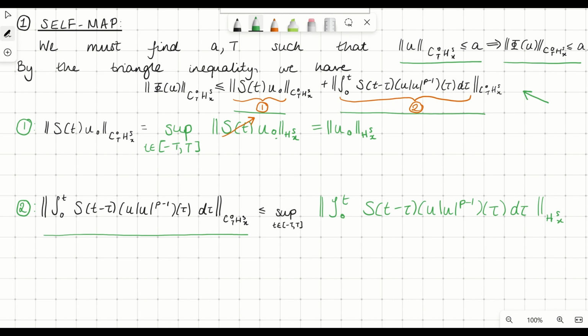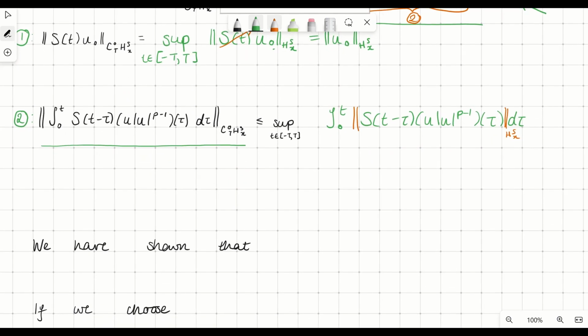And now we use Minkowski's inequality to move this H^s norm inside the integral in time. So we can get rid of it on the outside and move it on the inside. And this is basically an integral version of the triangle inequality, and it works because the H^s norm is over the space variables, whereas the integral is over the time variables.